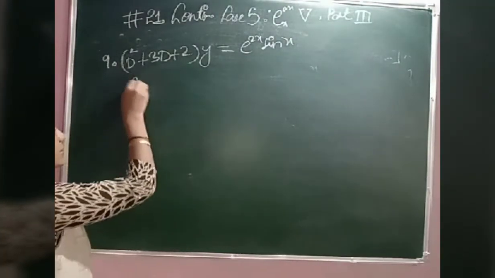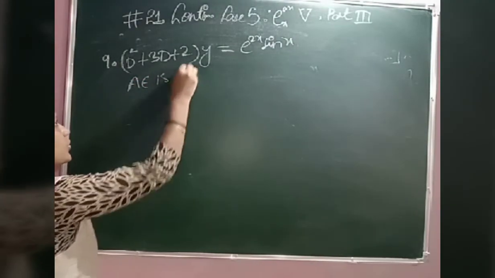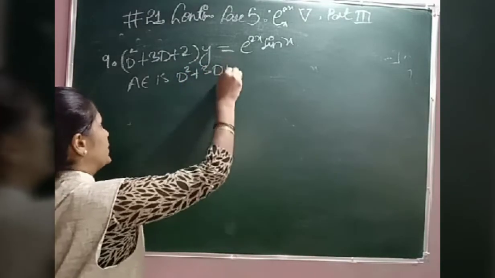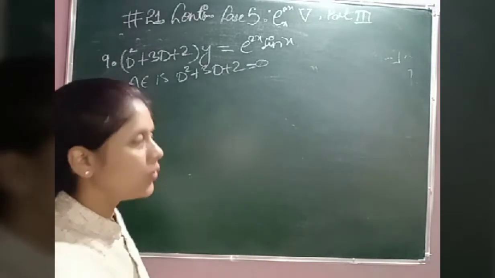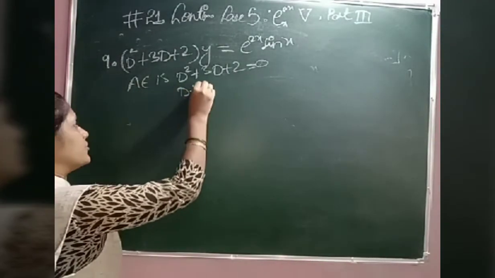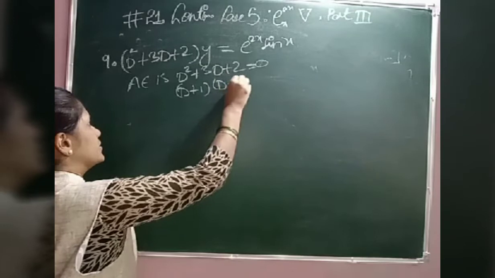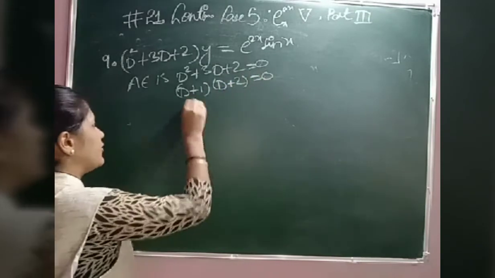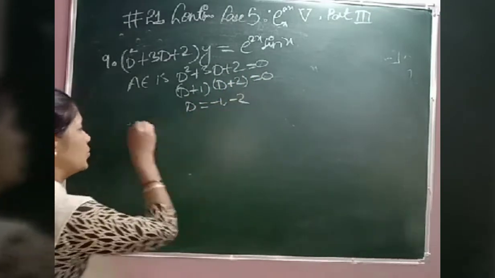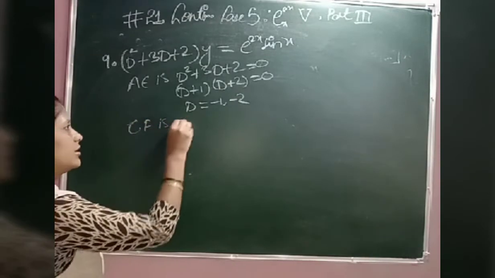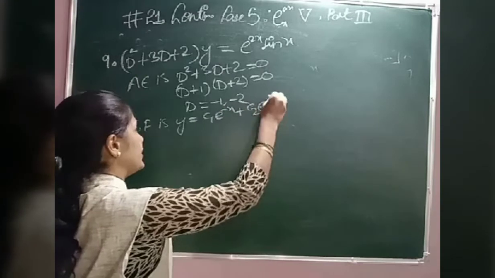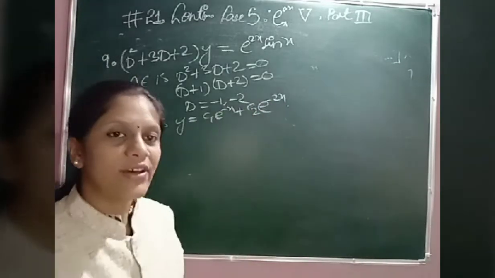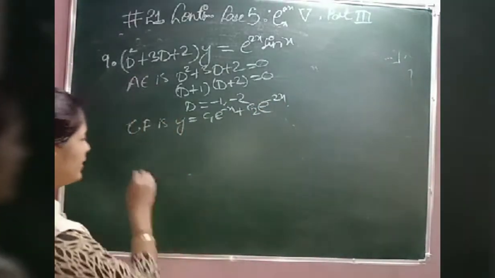So auxiliary equation is D squared plus 3D plus 2 equal to 0. Multiplication 2, addition 3, so 2 and 1. (D plus 1)(D plus 2), so D equal to minus 1, minus 2. Complementary function is y equal to c1 e raised to minus x plus c2 e raised to minus 2x. This is our CF. Now let us find PI.